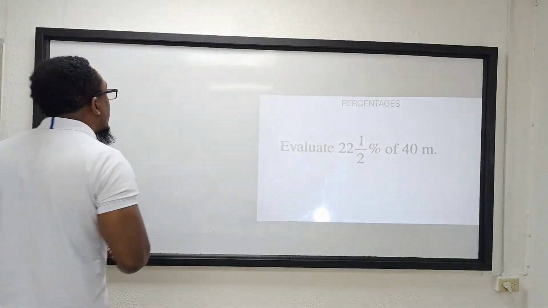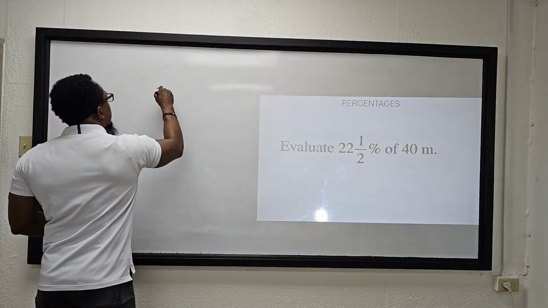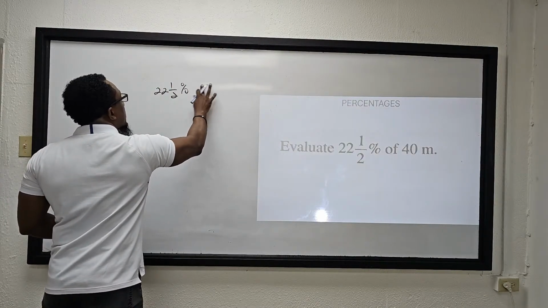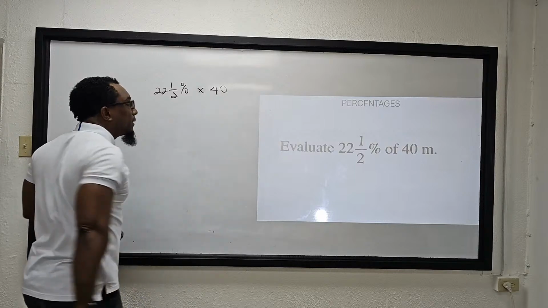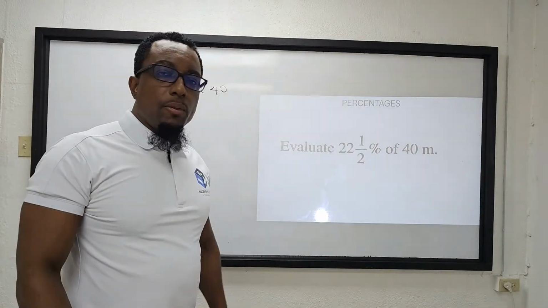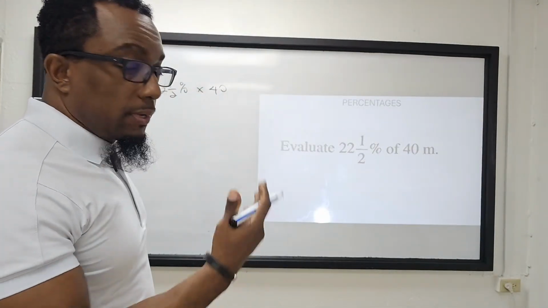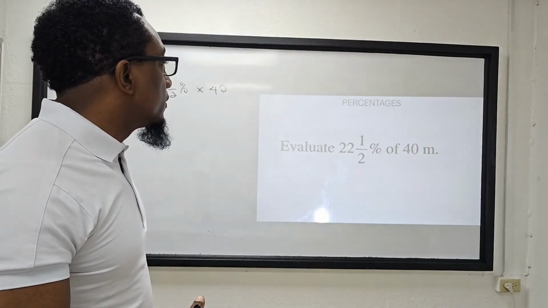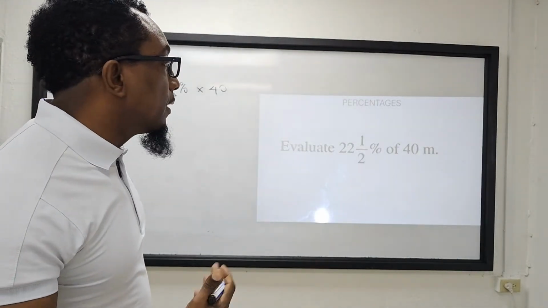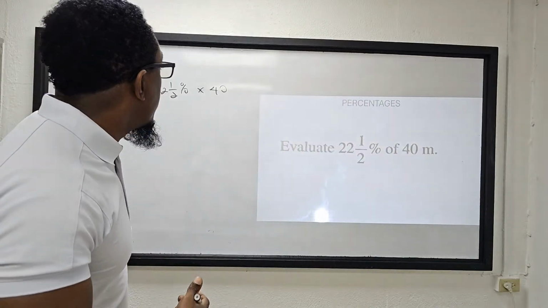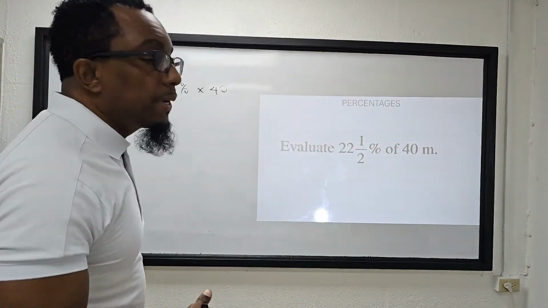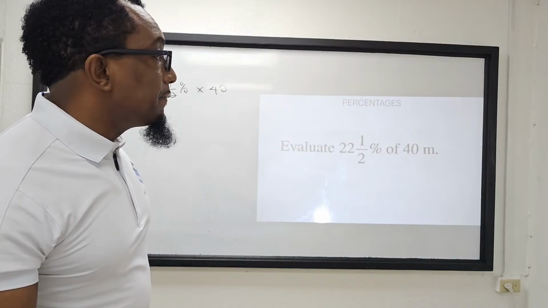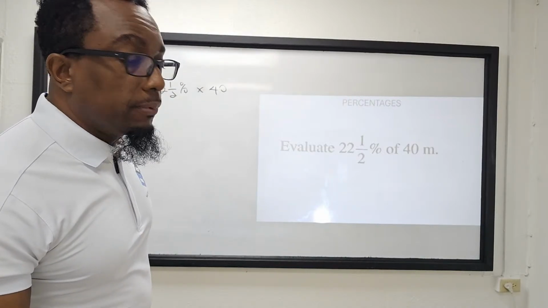This is 22.5% of, which means to multiply, 40 meters. Okay? So what do we do? Because all these are questions you see in the multiple choice. Yeah? You see them in the structured paper too, but a lot in the multiple choice. So let me convert that 22.5% from a percentage to a fraction, and I'll multiply by 40.